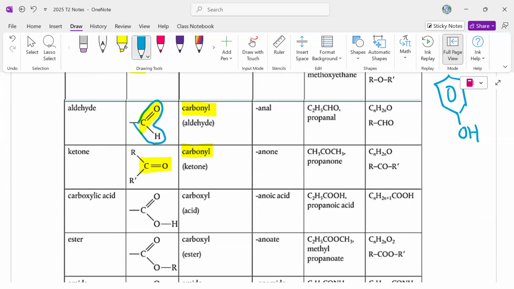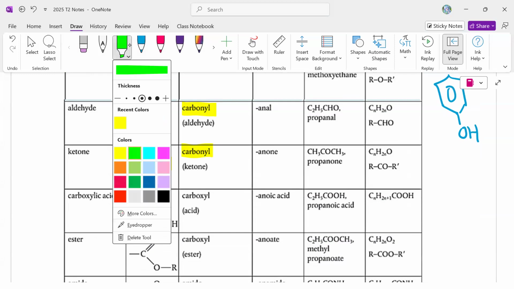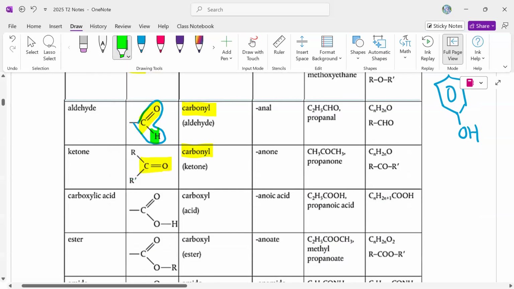But the difference is that if the class is an aldehyde, this group is an H. If the class is a ketone, then both groups are alkyl groups. So for aldehyde, this side can be an alkyl group, can also be an H, but at least one of them must be an H.